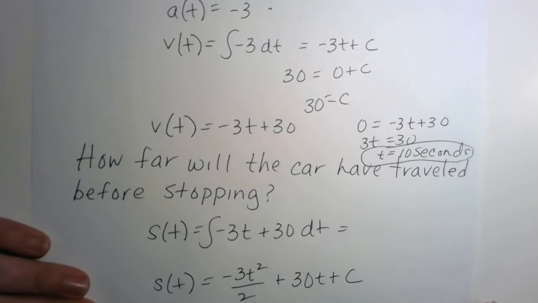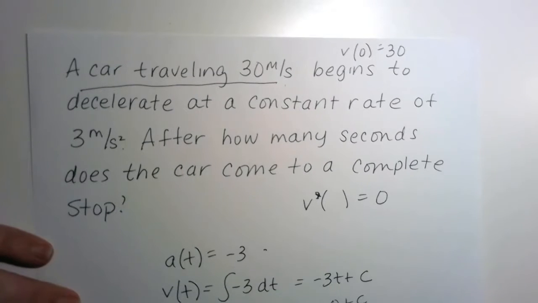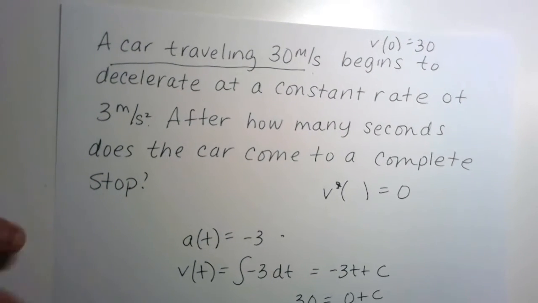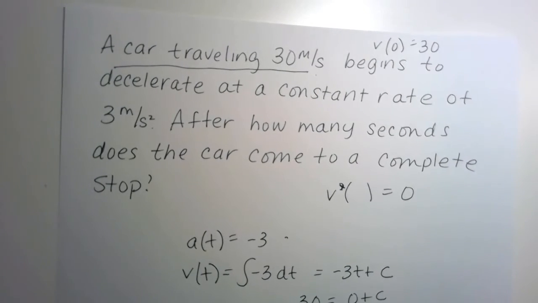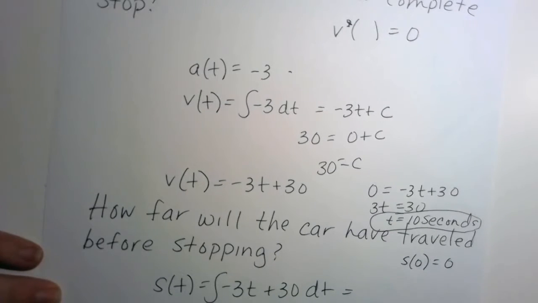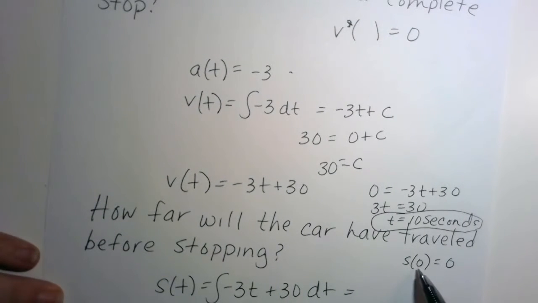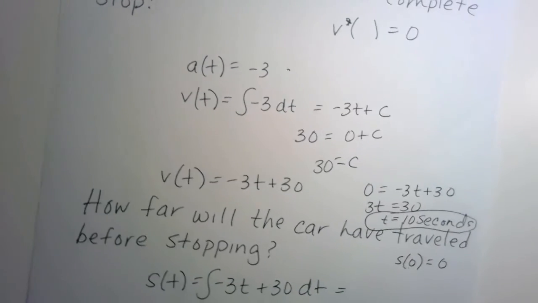Now, since they haven't really given us any information, we are going to assume that at time 0, because we only care about the distance from when we started braking, s of 0 is equal to 0, because at time 0, I'm just starting to decelerate, so I haven't traveled at all.